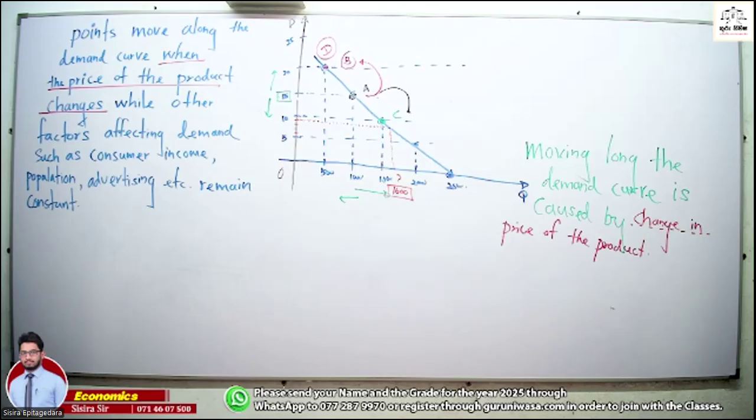Here, remember, these factors remain constant. What are the other factors? Income, population, advertising remain constant. Here, what is the factor changing?